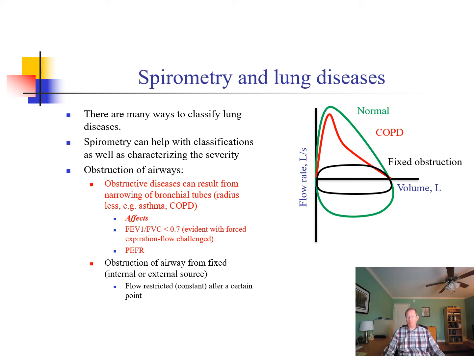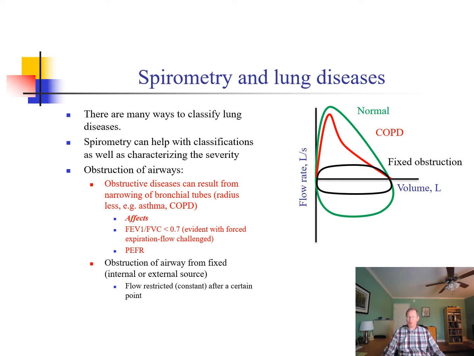And in fact, we can quantify this as a ratio of the forced expiratory volume at 1 second versus the forced vital capacity, which is not changed, and that's generally less than 0.7 when a person is having this kind of an obstructive disorder. And as I mentioned to you, this also affects the peak expiratory flow rate.